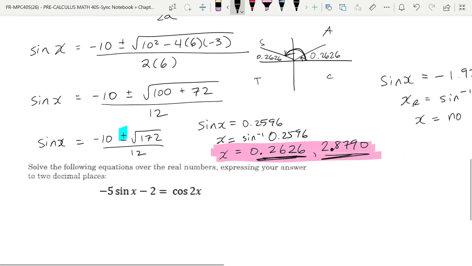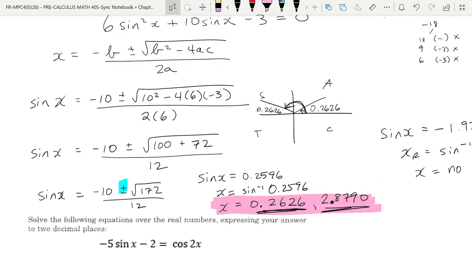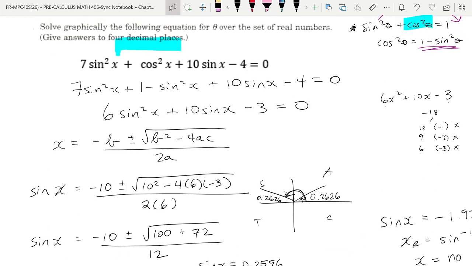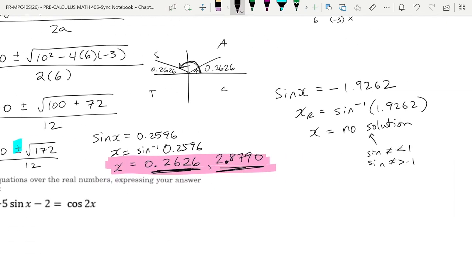Okay, one more. Oh, is this one a general solution? Oh, yeah, you're right. Over the real numbers. So I have one more step to my work.